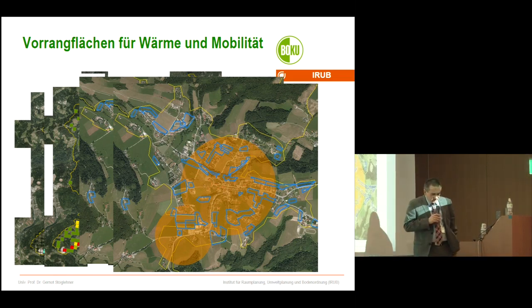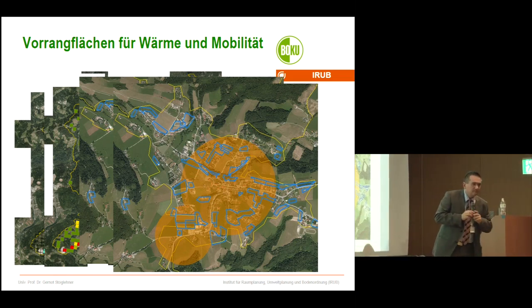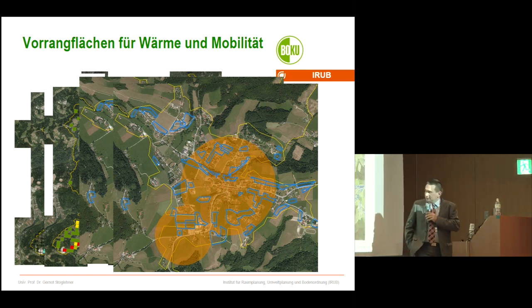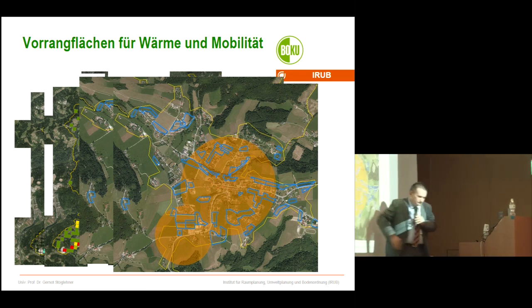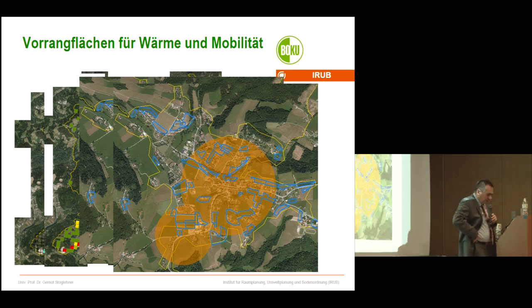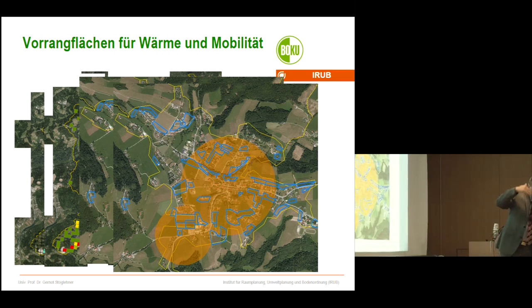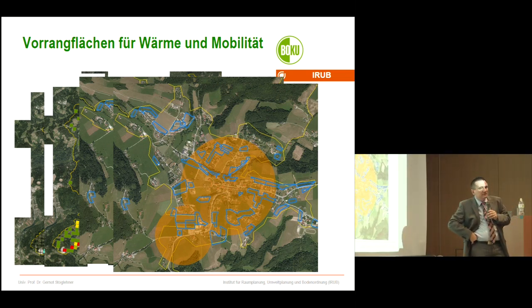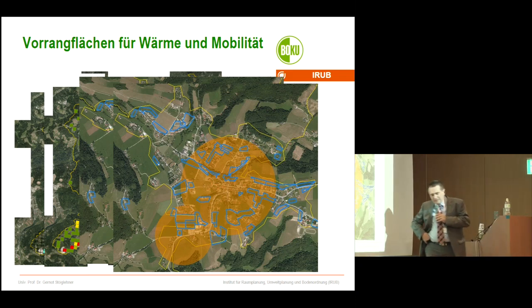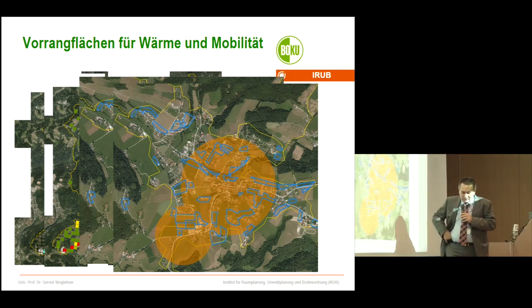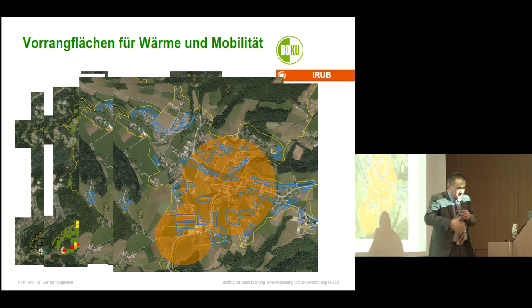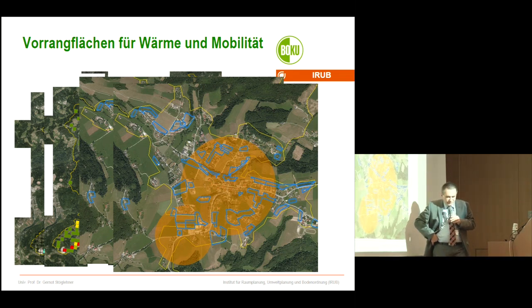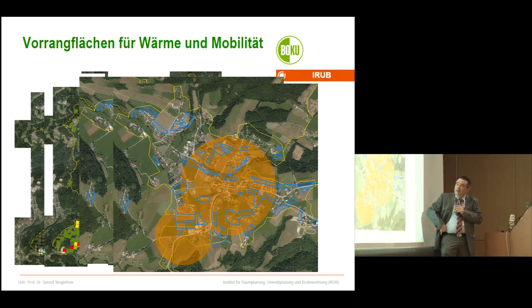I said something about mobility. What we have in Austria, we have a data set about the stops of public transport, and they are also classified in different classes depending on the amount of connections that you have and also the kind of transport means that you have.